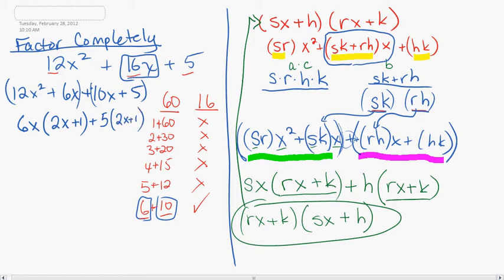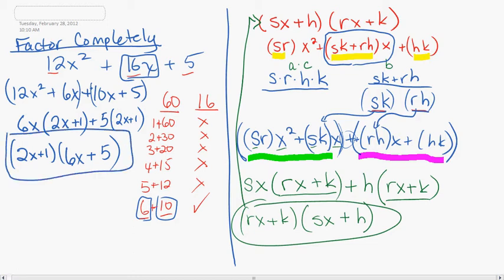Now I can factor out a 2x plus 1 from both, leaving me with 6x in the first term plus 5 in the second term. So lo and behold, I have factored 12x squared plus 16x plus 5 into 2x plus 1 times 6x plus 5.